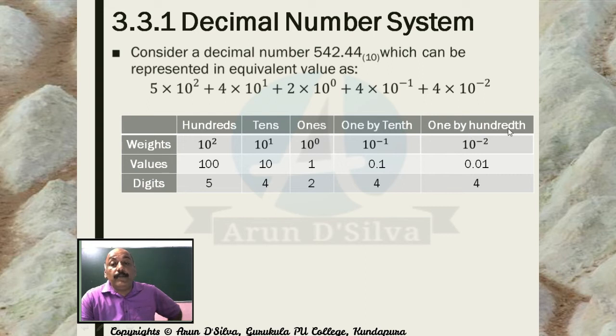Next is the one-by-hundredth position, 10 to the power -2, which is 0.01, so multiplied it becomes 0.04. Altogether, if you add it together, 542.44 comes.